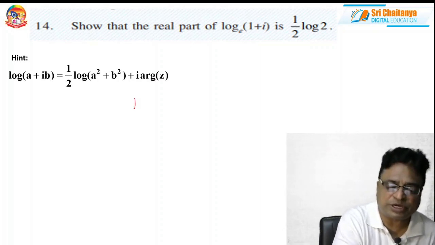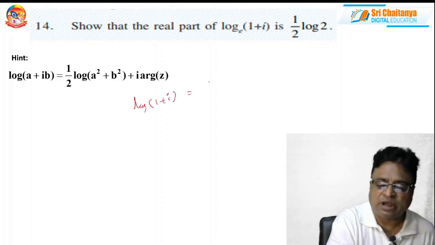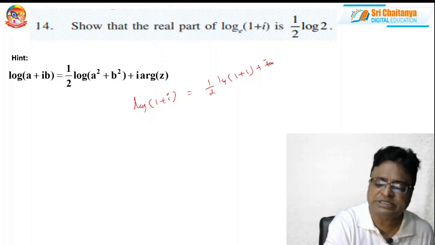So your job is what? Log of 1 plus i is half into log of 1 squared plus 1 squared plus i arg z. What is the amplitude? Amplitude is tan inverse 1.